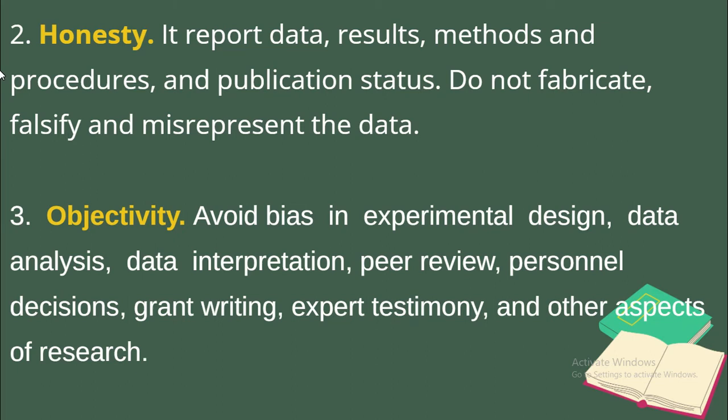Okay, next. Objectivity. Avoid bias in experimental design, data analysis, data interpretation, peer review, personal discussion, grant writing, expert testimony, and other aspects of research. In doing objectivity, all you need to do is to aim for your goal. In every research, we have this goal, right?